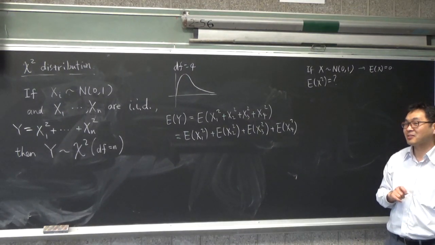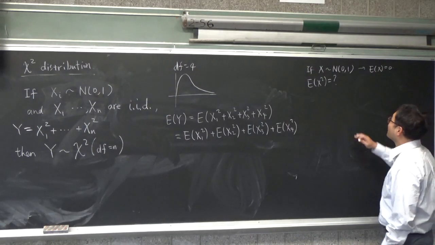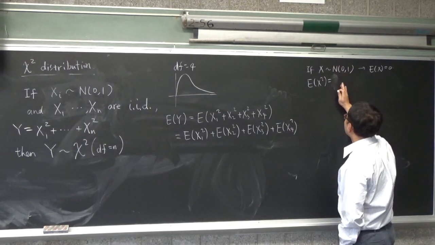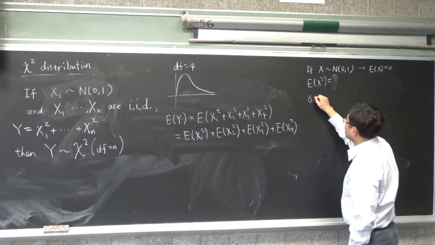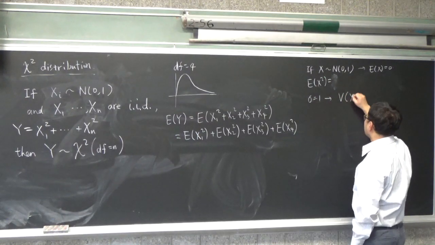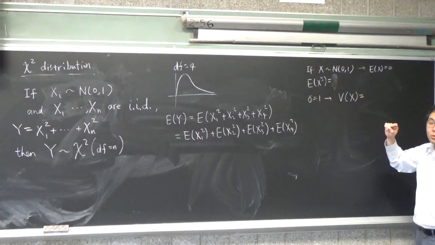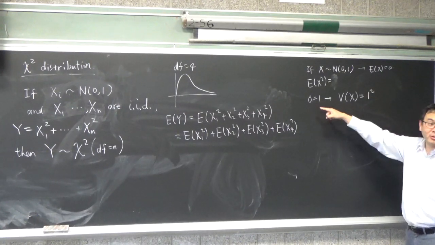That's in fact correct. But not because the sum of all the values is equal to 1. Rather, what's true is that I know the standard deviation is 1, which means the variance of x is 1 squared, which is 1. Variance is standard deviation squared.